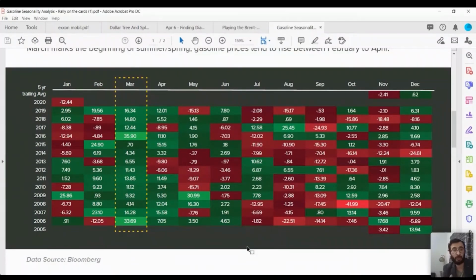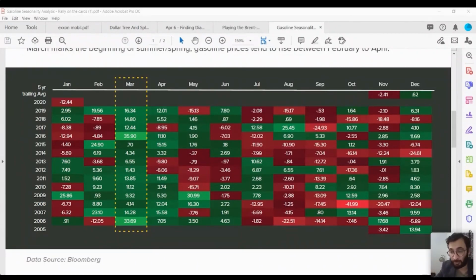Can everyone see this? I hope everybody can see my screen, which I have shared right now. If you see this, these are gasoline returns month on month from 2005 to 2020. And if you see, in 2005 to 2019, March has always been positive, right?